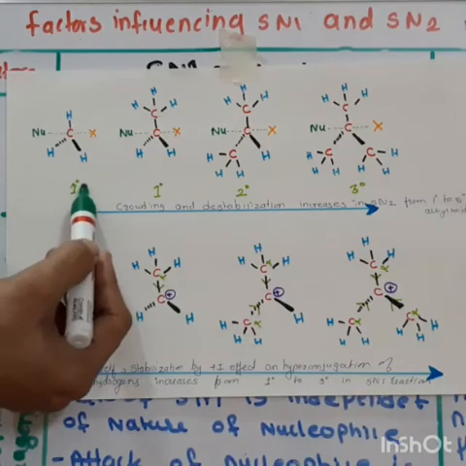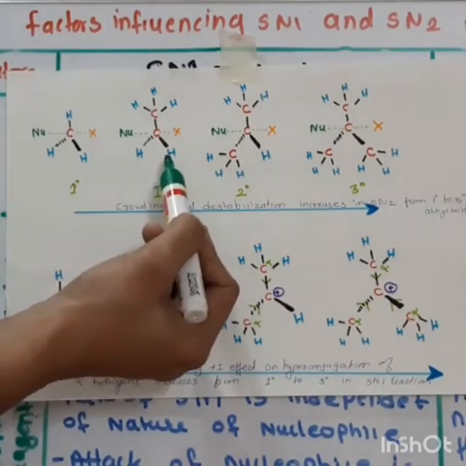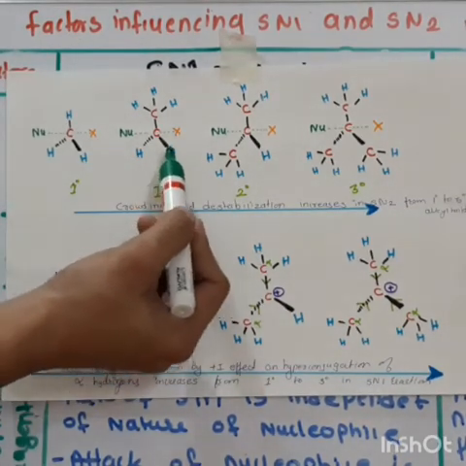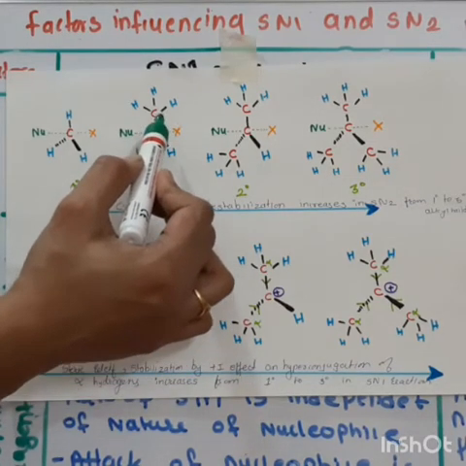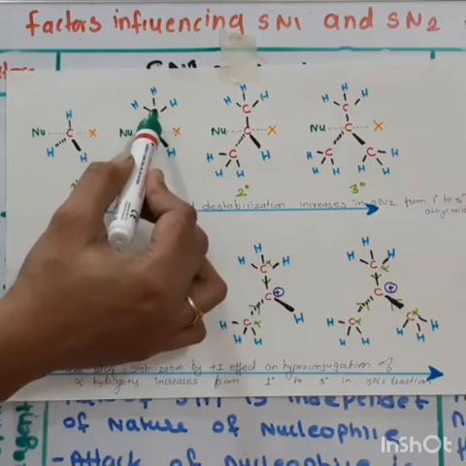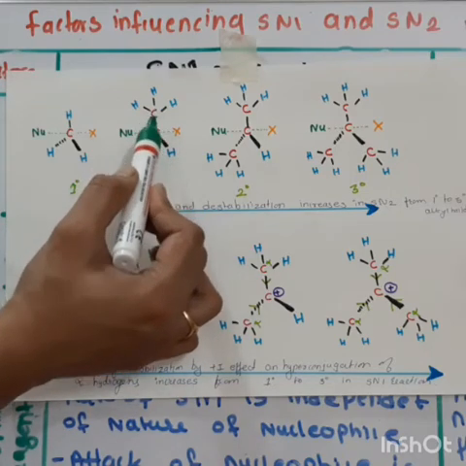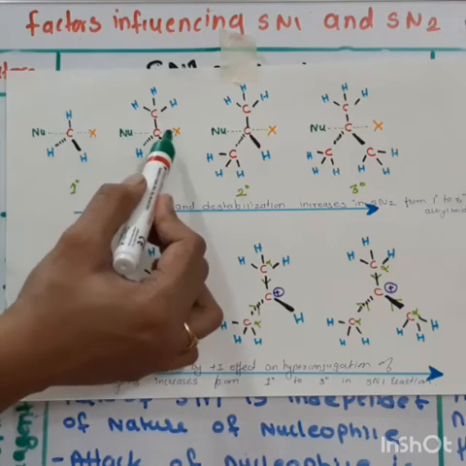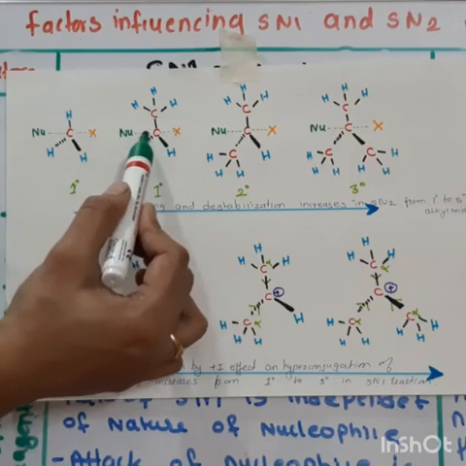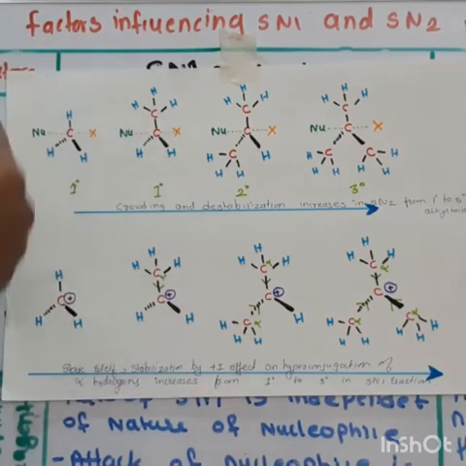Here in primary, the pentacoordinate carbon atom is primary. This is less crowded, this is primary but less crowded as it is only surrounded by 1 alkyl group and 2 hydrogen atoms, with a nucleophile and a halogen atom which are partially covalent.